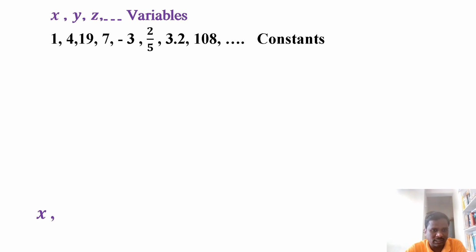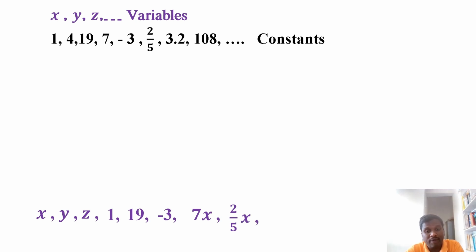Here x, y and z are variables. Here 1 and 19 and minus 3 are constants. In 7x, 7 is a constant and x is a variable. Next, 2 by 5x: 2 by 5 is a constant and x is a variable.